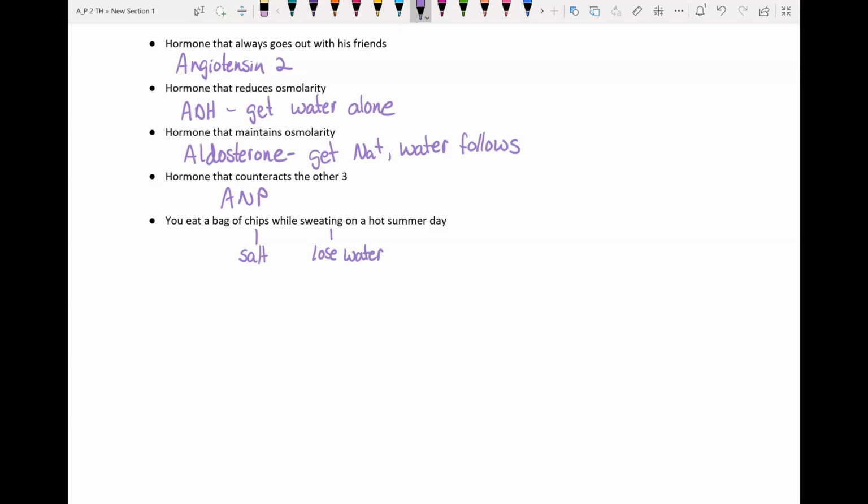So if you're eating chips and sweating, you are increasing your blood osmolarity. And remember, your hypothalamus will detect this, and it will stimulate your posterior pituitary to secrete ADH. ADH will give you aquaporins. You will reabsorb water alone. ADH will also go back and stimulate the hypothalamus to be thirsty, and you'll drink some water.